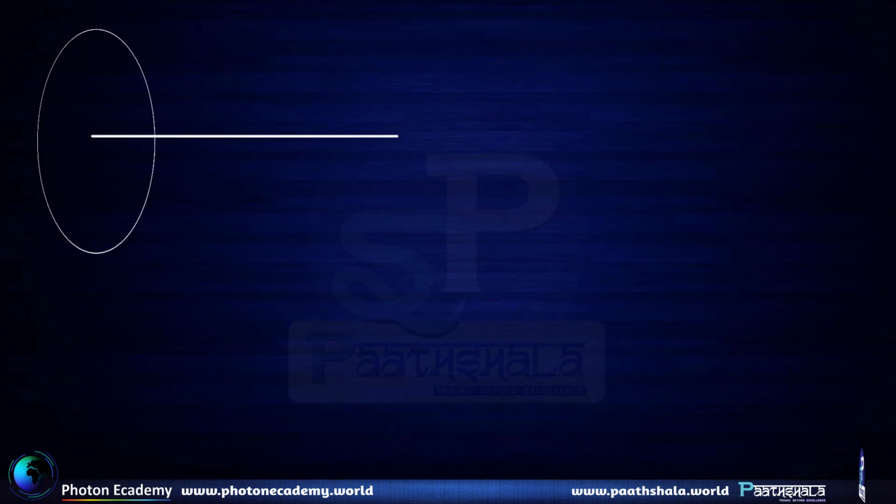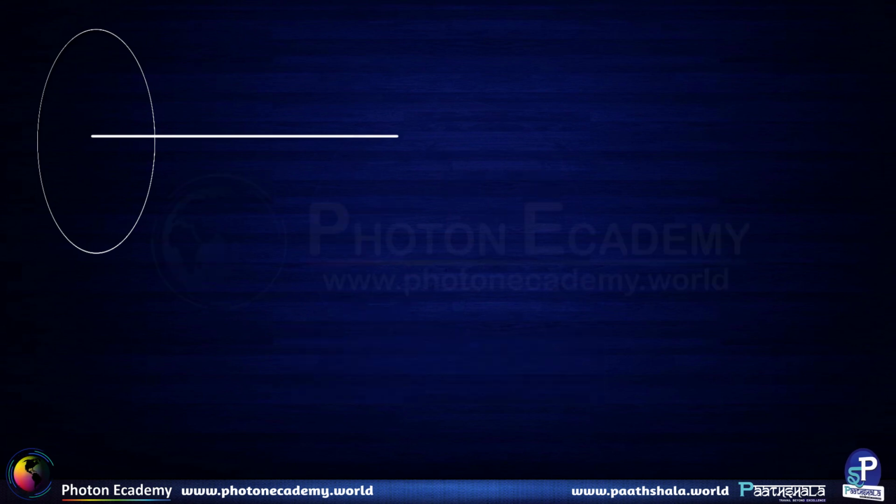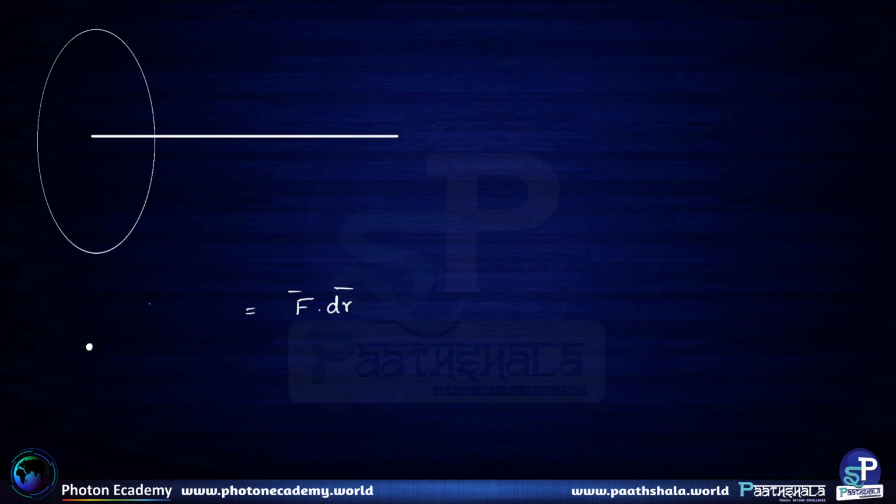Alright. So because of this, for a point mass, the expression for potential is going to be, let us say we have a point mass. We'll go to the ring in a moment. So from infinity, if we are bringing a test mass, then the force dot dr. So this is V at a finite point, let us say point P, minus V at infinity, is negative of integration of force dot dr upon m.